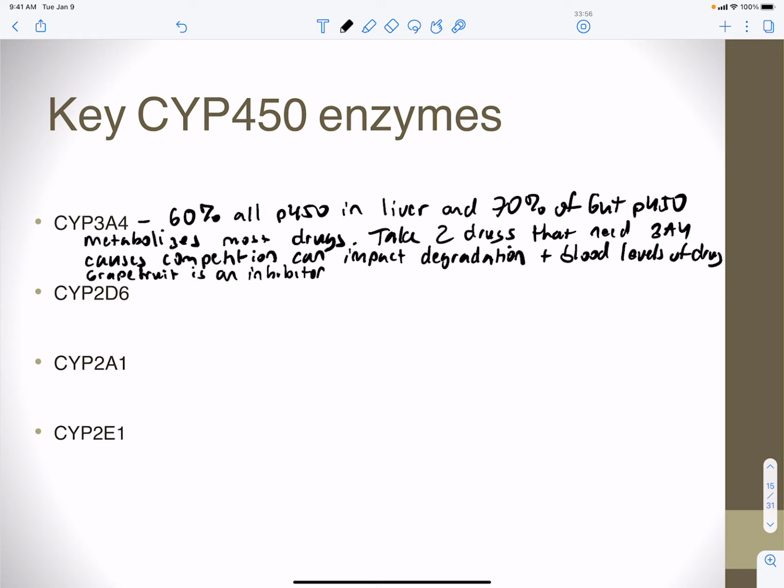Now, CYP2D6 is going to be the P450 that metabolizes codeine. And then we also have CYP2A1, which is a P450 that is going to interact with a toxin from a fungus, Aspergillus flavus.